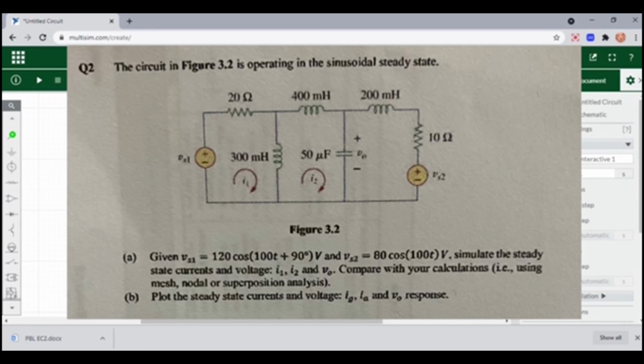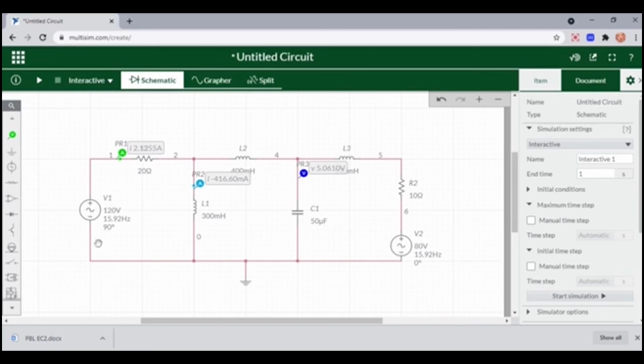Then we need to plot the steady state current and voltage. We use Multisim to simulate this question. I already designed the circuit based on question 2 in figure 3.2, and I set V1 to 120 volt, 15.92 Hz and 90 degree.